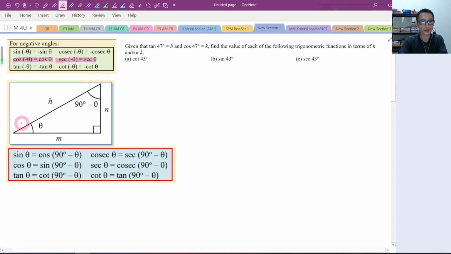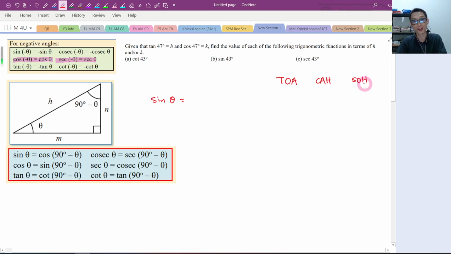Now let's look at this diagram. The sum of the interior angles of a triangle is always equal to 180 degrees, right? Here, this is a right angle triangle, this is 90 degrees. So these two angles must sum up to 90 degrees. If this is theta, this will be 90 degrees minus theta, right? Now, sine theta is equal to, I hope you still remember this, SOH CAH TOA.